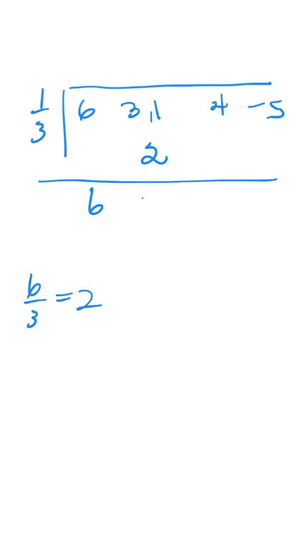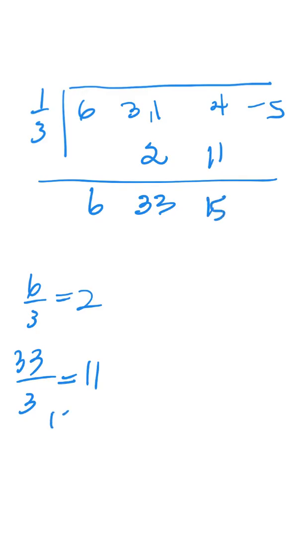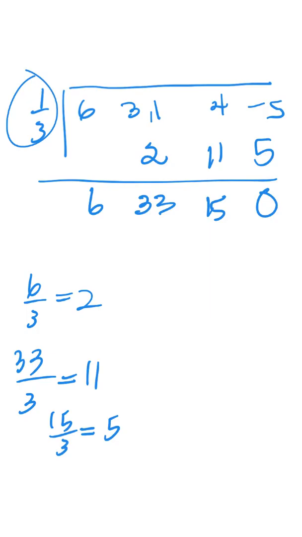When we add that, we get 33. So if we take 33 divided by 3, that's 11. And then 11 and 4 is 15. And if we take 15 divided by 3, that gives us 5. And when you add it up, you get 0. So we see that x equal to 1/3 would have worked as well had we used it for synthetic division.